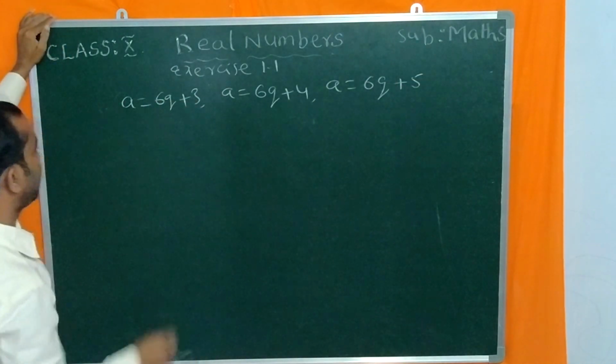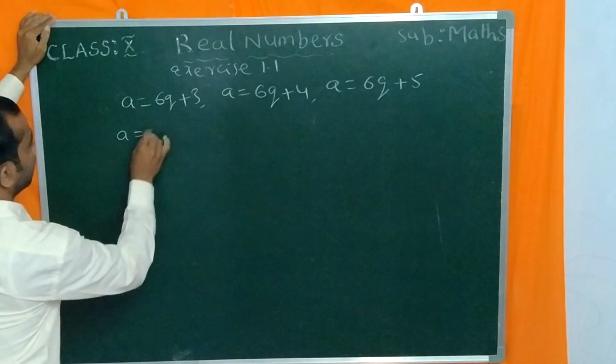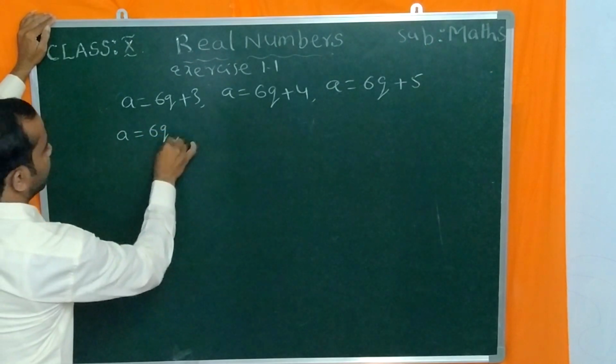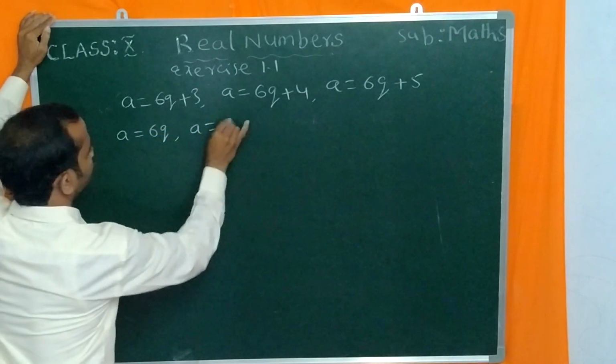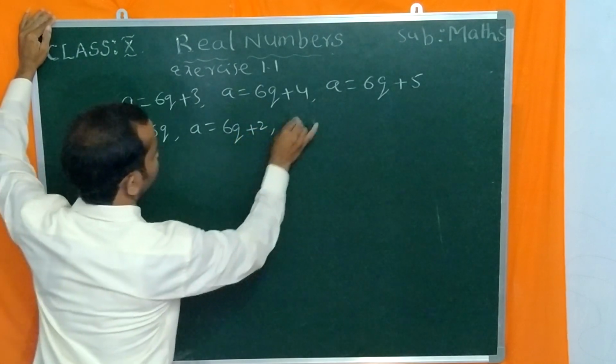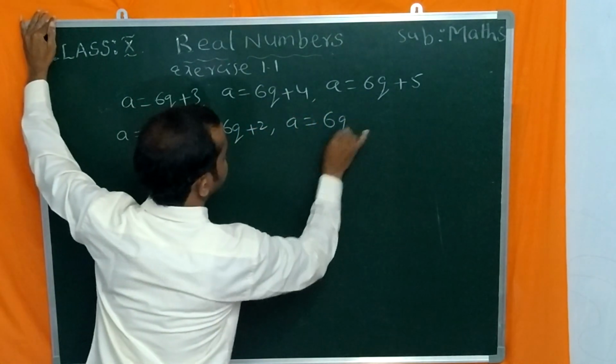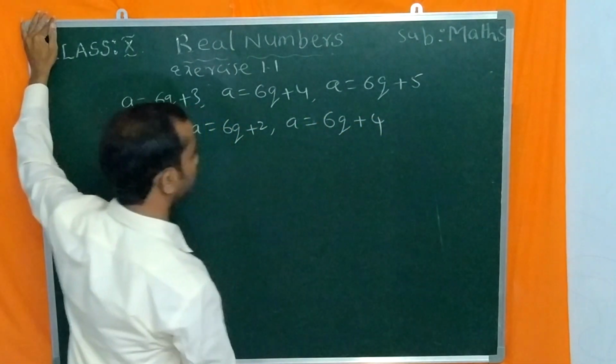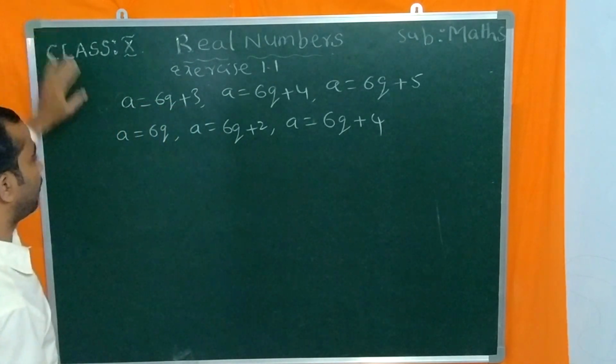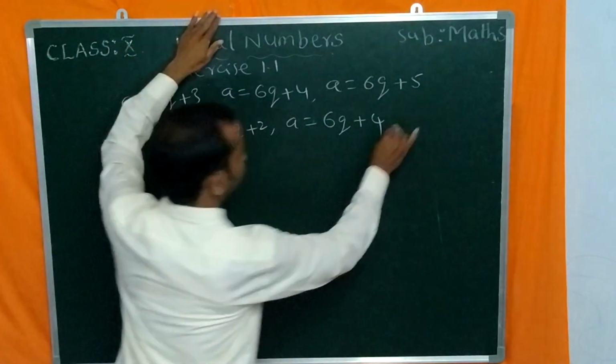Here a equals 6q, a equals 6q plus 2, a equals 6q plus 4 are of the form of even numbers.